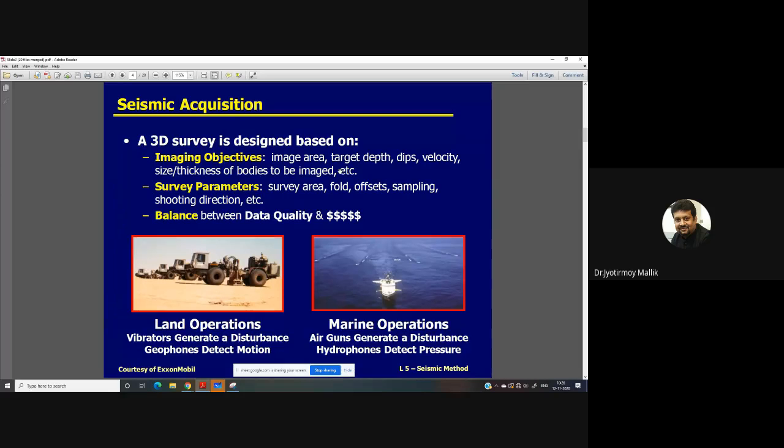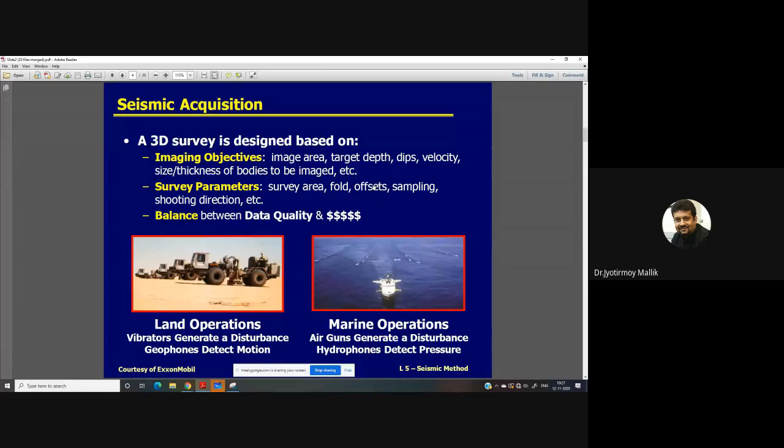important. Now, survey parameters: survey area, fold, offset, sampling, shooting direction, etc. I will explain what fold is, what offset is, what sampling and shooting direction are in a moment. And then the balance between data quality and dollars.